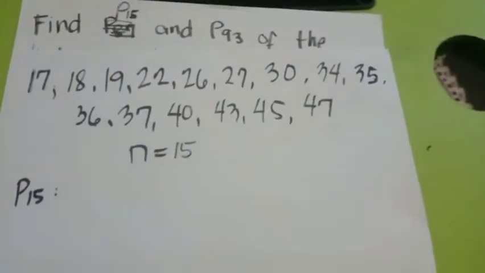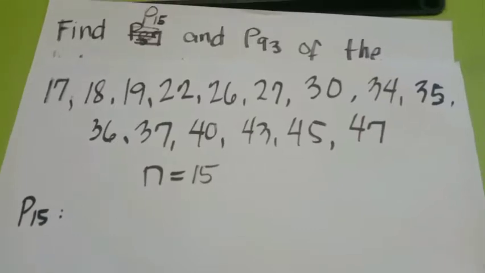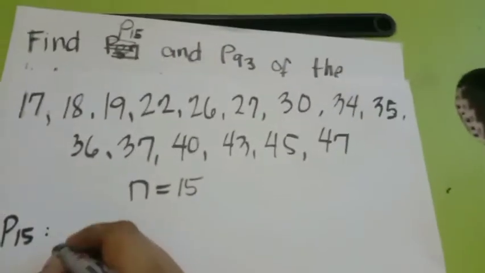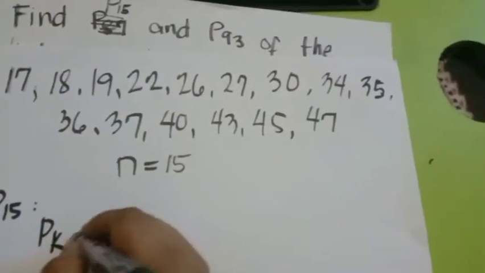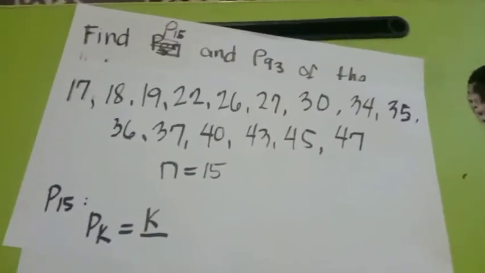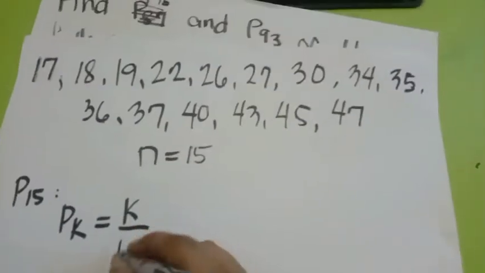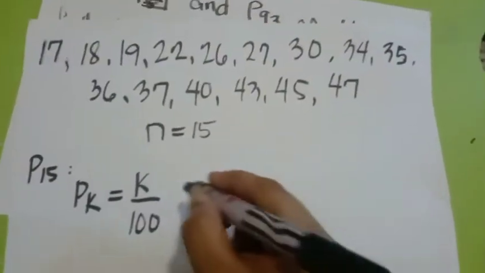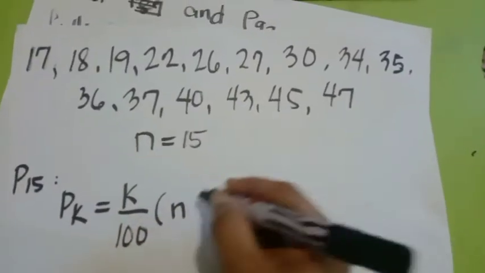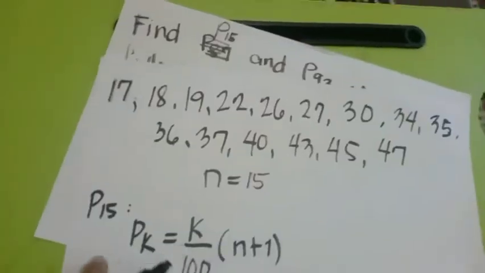Kung paano natin sinolve yung decile, ganun din ang pagsosolve natin ng percentile. We're going to use Pk is equal to k over 100 times n plus 1. Since percentile na ang hinahanap natin, yung k natin ay over 100 na, hindi na 10. So, hinahanap natin is P15.